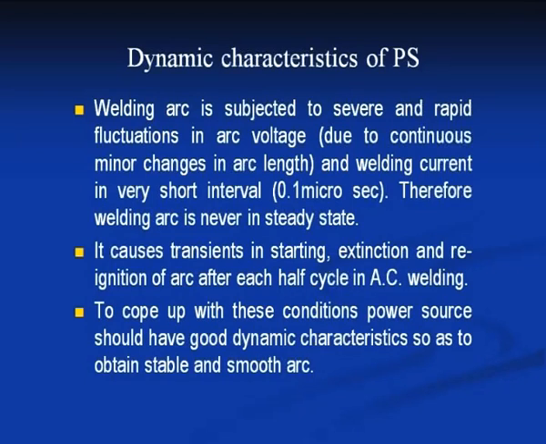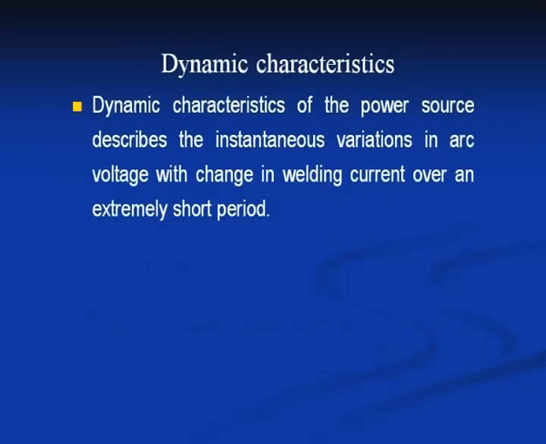To cope with these conditions, the power source should have a good dynamic characteristic so as to obtain a stable and smooth arc. Dynamic characteristic of the power source describes the instantaneous variation in the arc voltage with the change in the welding current over an extremely short period of time.